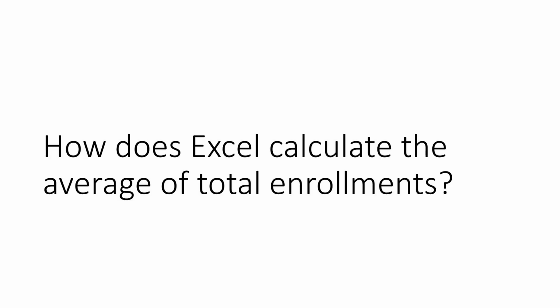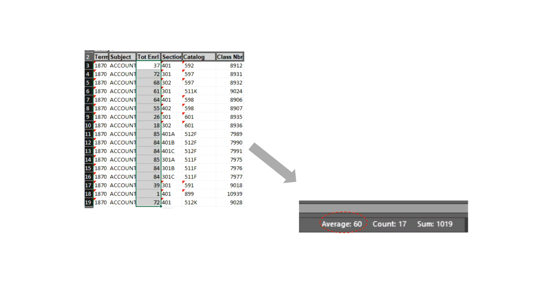All right. And now what I'm going to do is use this table right here. And it's really, really easy. I've got this, my total enrollment, which is a number. If I select all of these and get an average, it looks like an average of 60 here.